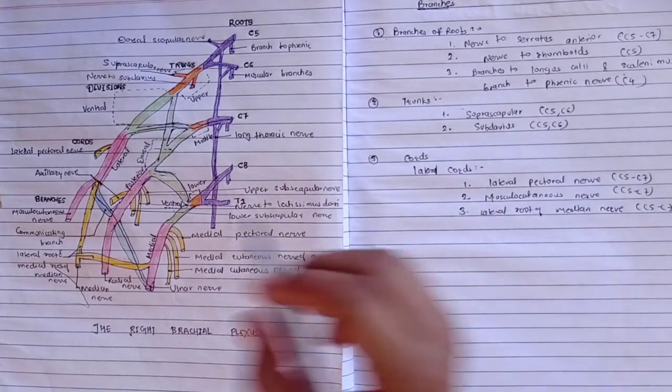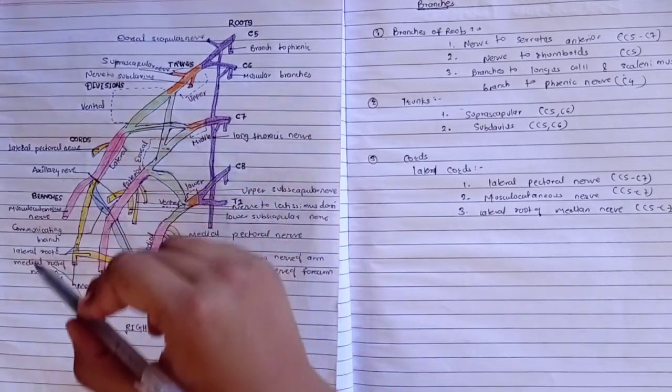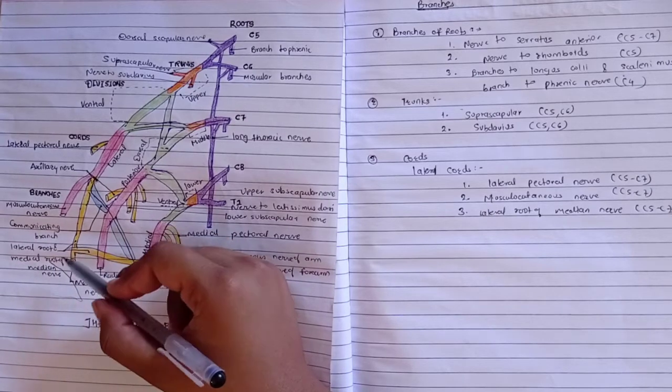So the branches of the lateral cord are lateral pectoral nerve, musculocutaneous nerve, and lateral root of median nerve, which forms the median nerve with the medial root of median nerve.